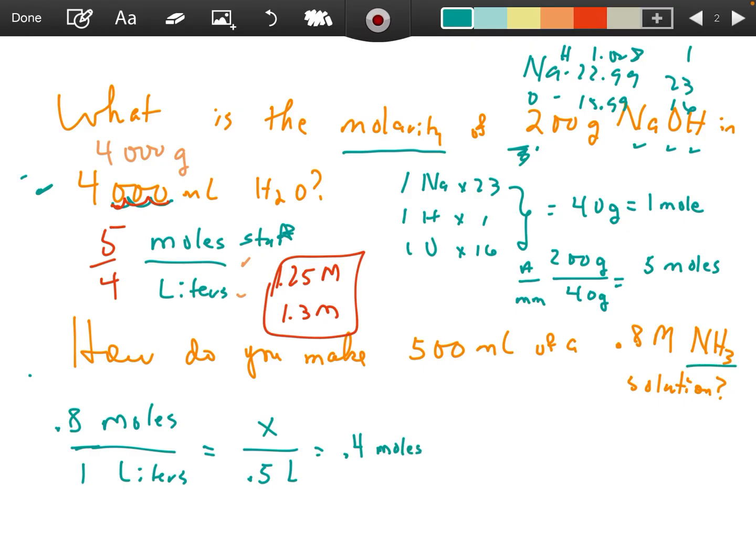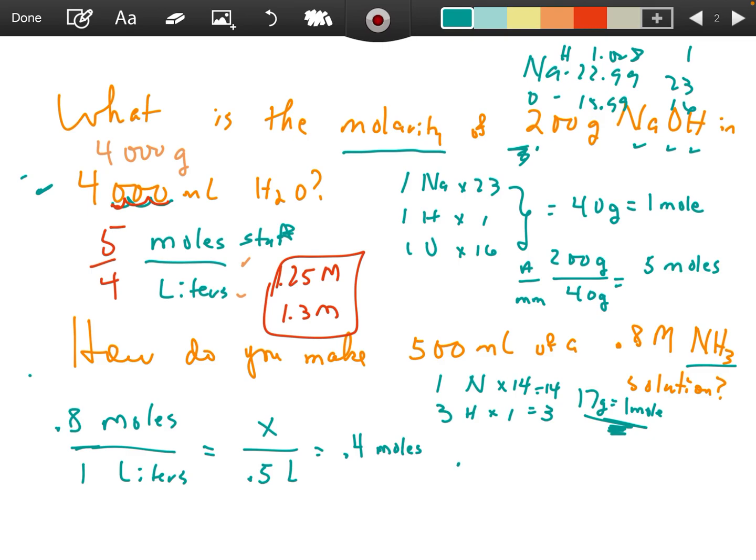NH3. So now you find the molar mass, which is 17 grams equals 1 mole. Hopefully this may help you realize that you can then somehow figure out how many grams you would need.